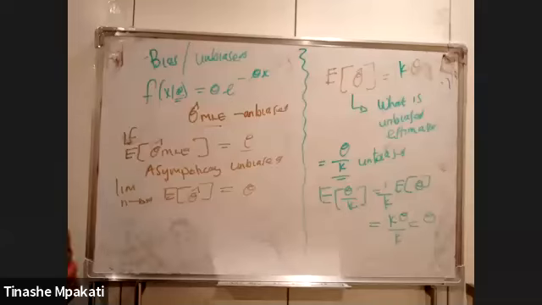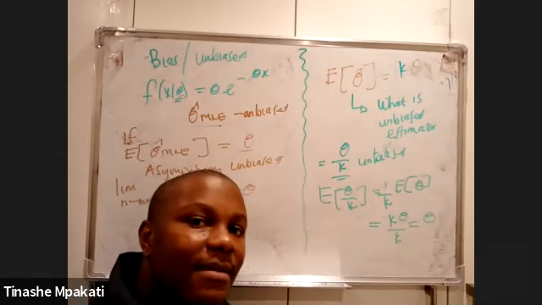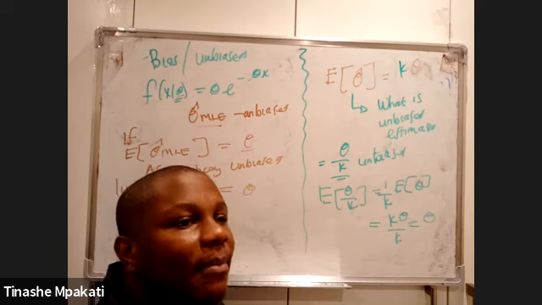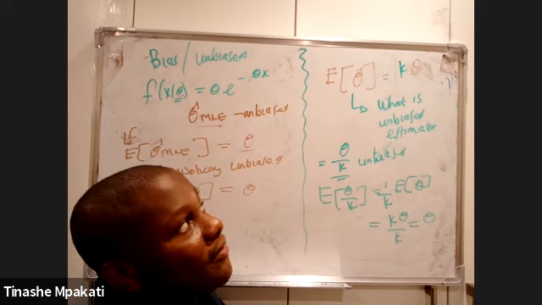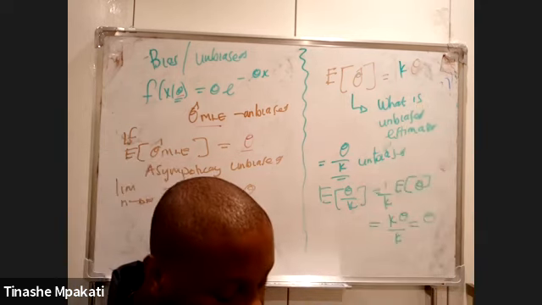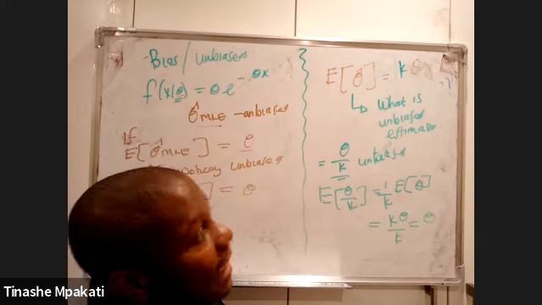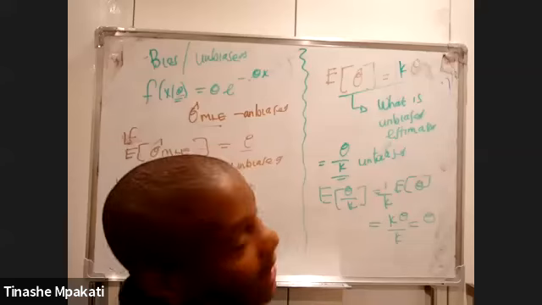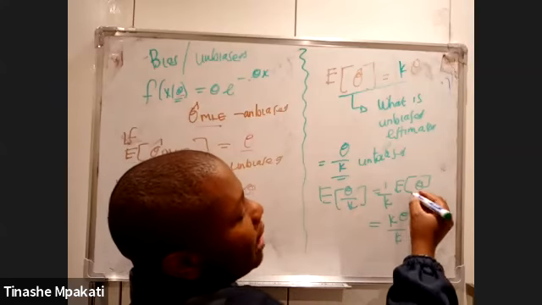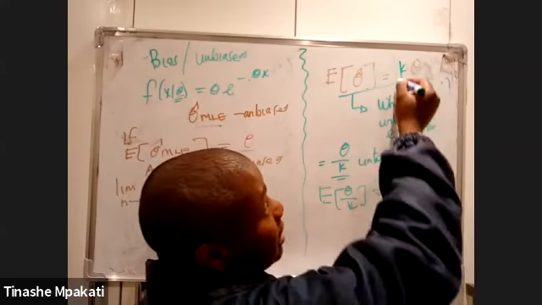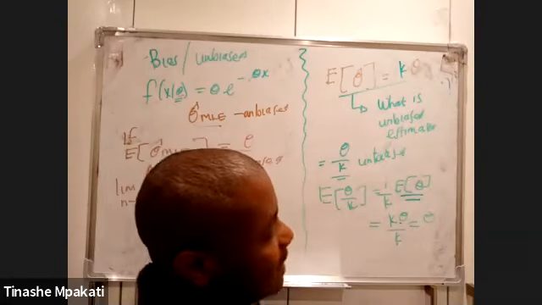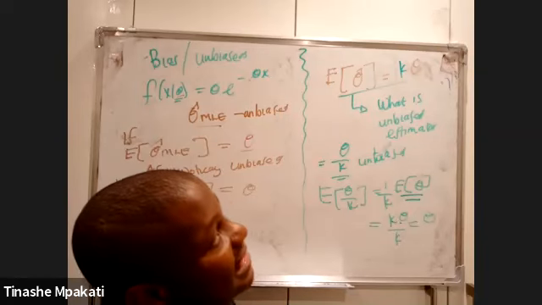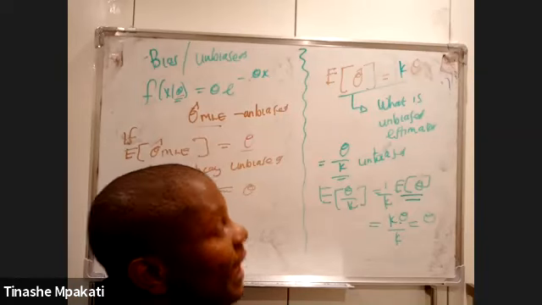So remember, what's important is that when you are checking if an estimator is unbiased, you take its expectation, and it should give you the parameter of interest. If it does not, and gives you some function, all you need to do is find a function such that you take that into effect. When I found the expectation of theta, I got k theta, and hence I divided by k. Once this happens, you need to find a function such that when you take its expectation, you will get your theta.